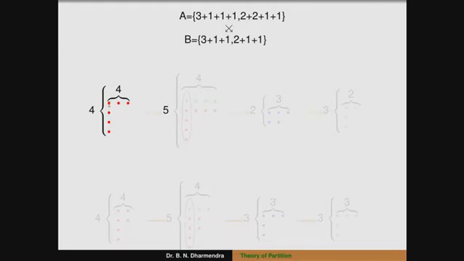So b minus 1 means 5 minus 1, that is 4 parts, and here we can observe that it is less than or equal to C. So definitely C is equal to 4, that is 3, less than or equal to 4. So now at adding that row, the top of the row is 4. You can observe here.